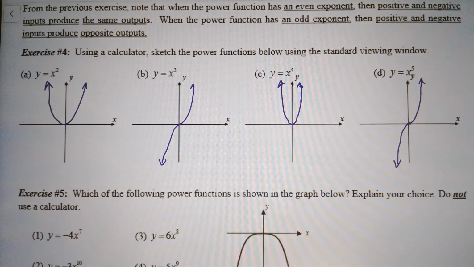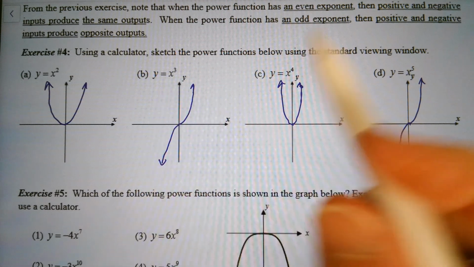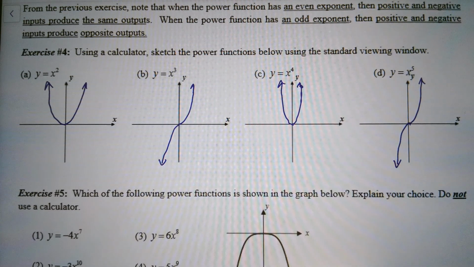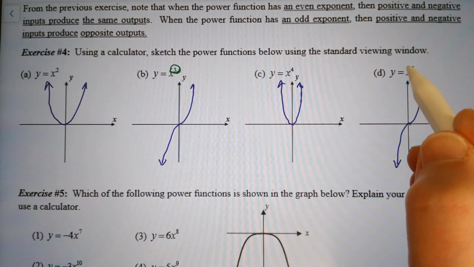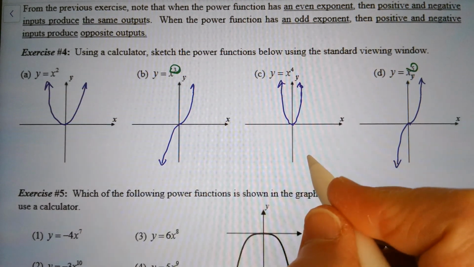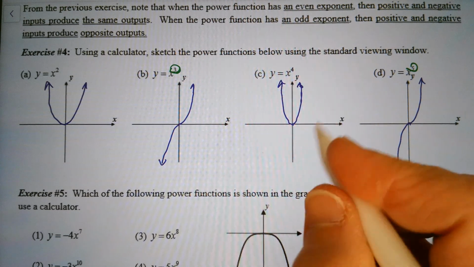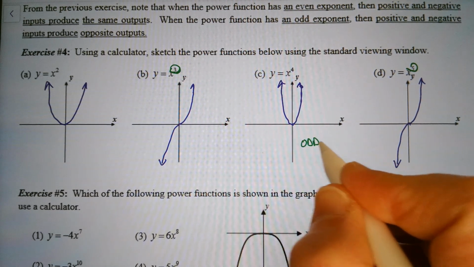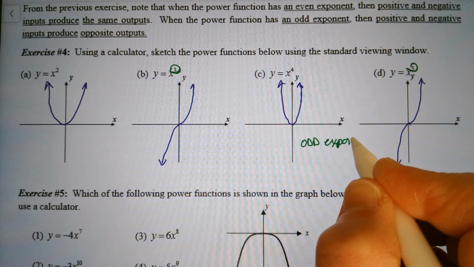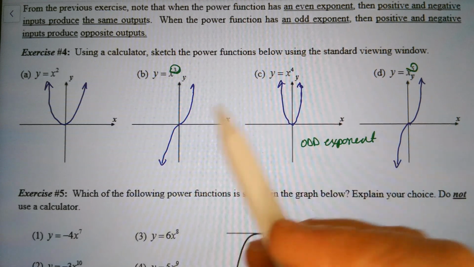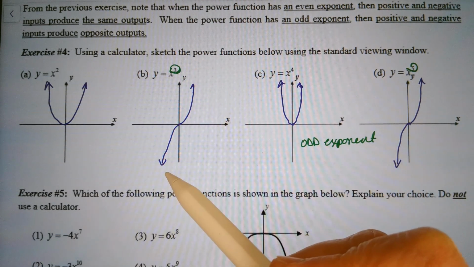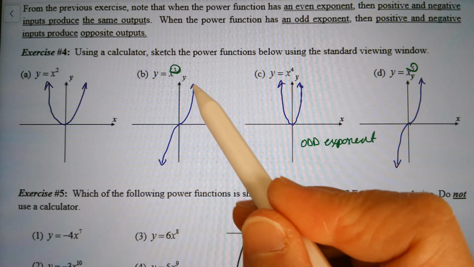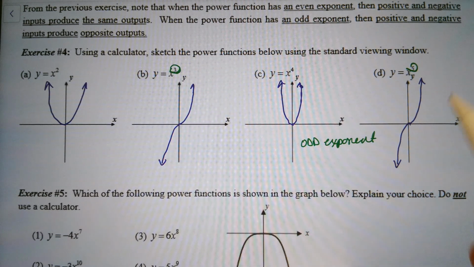Now what we notice here is that with our odd powers, if we have an odd exponent, the ends, or the tails, ends and tails are referring to the opposite ends of the graph.